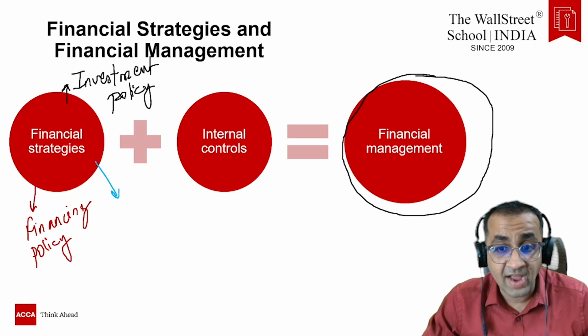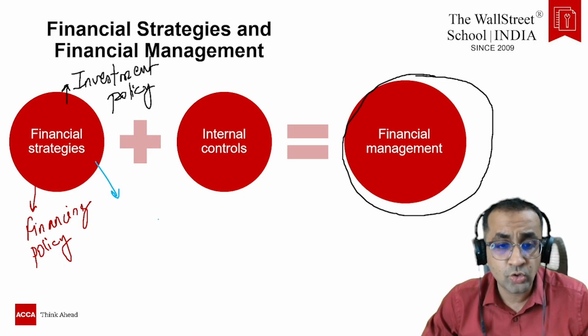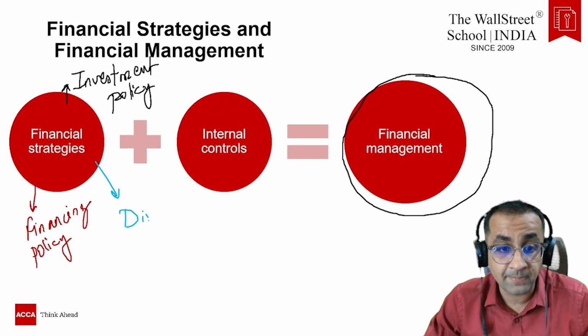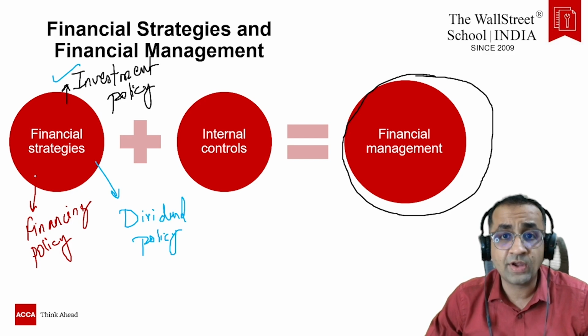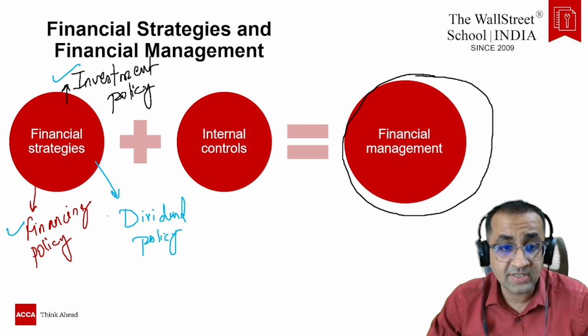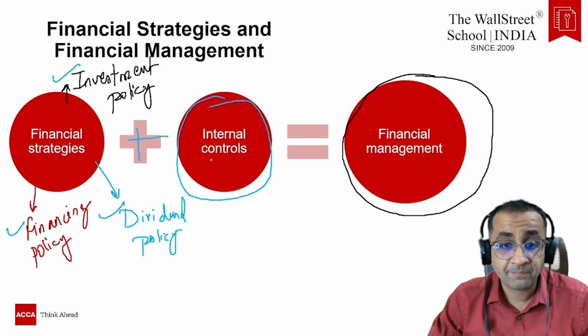And if you look at the final aspect, guys, this includes what will be the dividend policy of the company, right? What will be the dividend policy of the organization? And all these three, my friends, the investment policy, financing policy, dividend policy, along with proper internal controls.